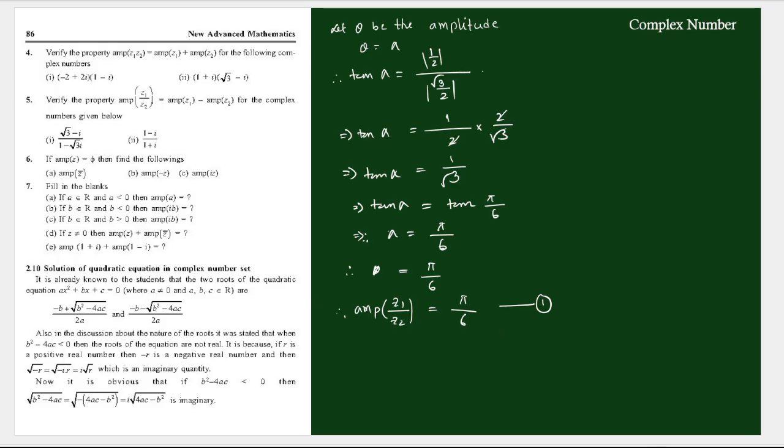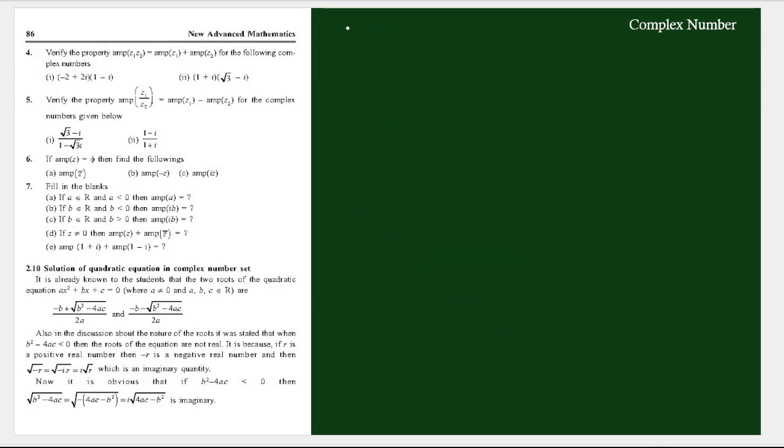Now we need to find the amplitude of Z1. First we find Z1. Z1 is equal to √3 minus i. Write it in an ordered pair: (√3, minus 1). We don't write the i while writing in the ordered pair.